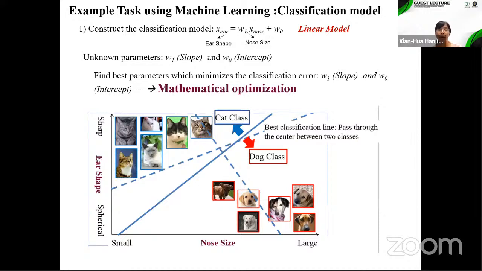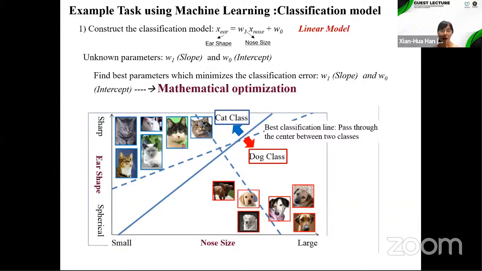For example, we simply construct a linear transformation model, because the input is only two features, the ear shape and nose size.